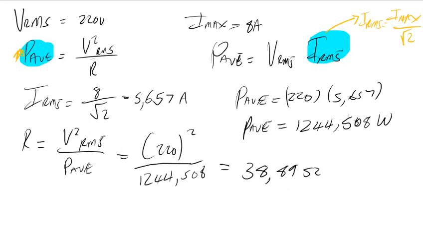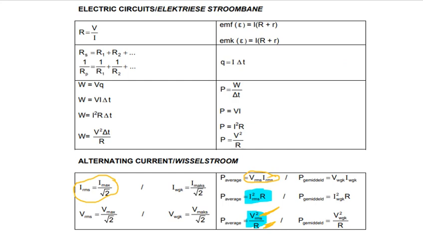There are alternative formulas that you can use. If you go to the formula sheet, you look where there's R. So there are some alternative formulas that you can use to calculate this. You can use the VRMS formula, or Vmax. There's a lot of formulas that you can use, guys.